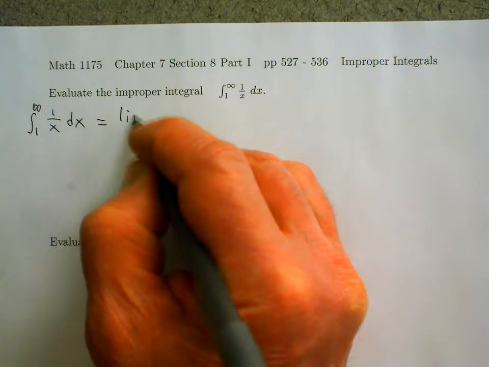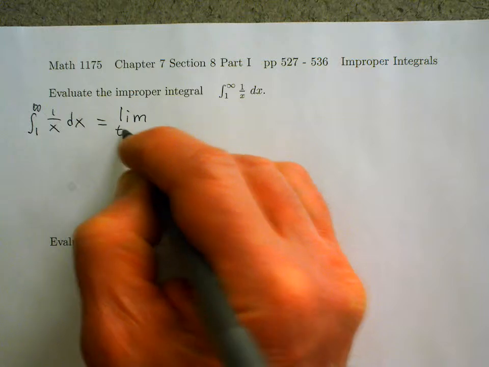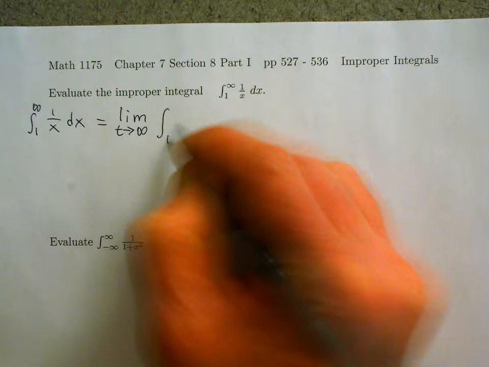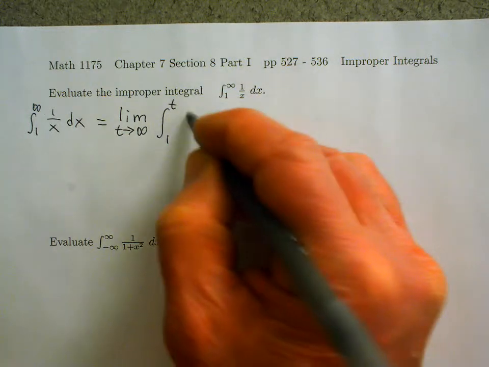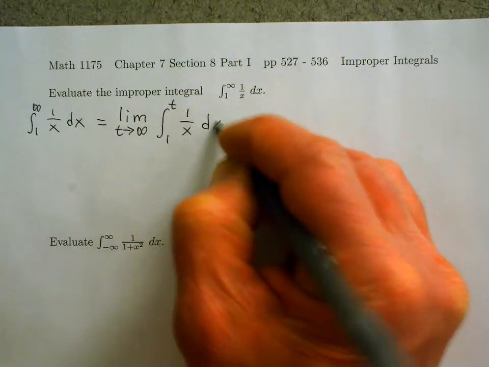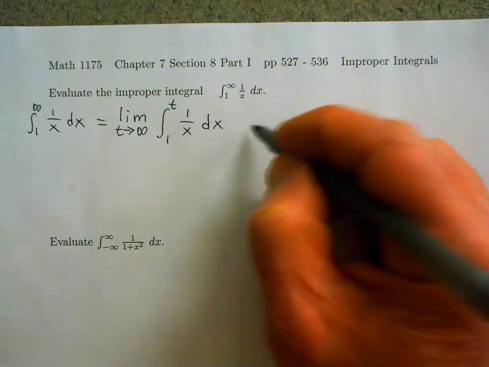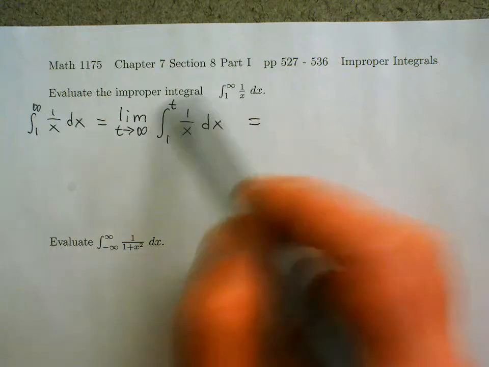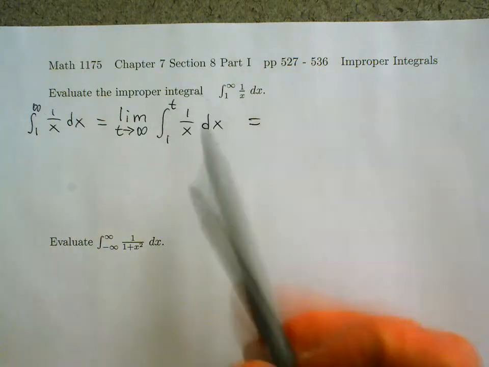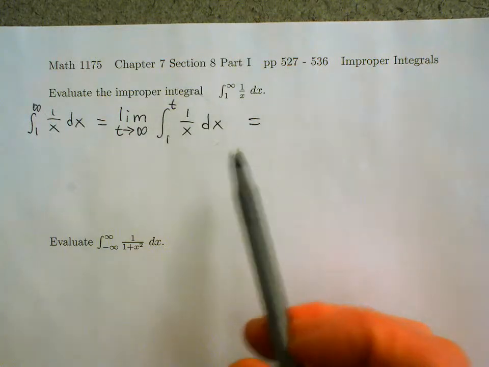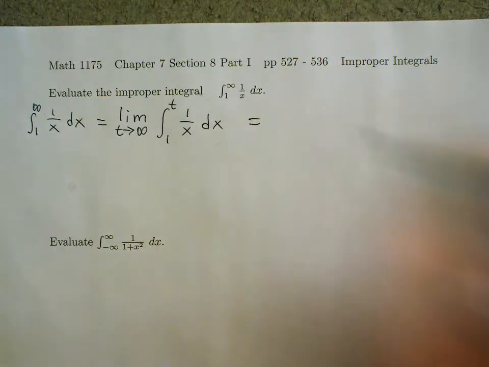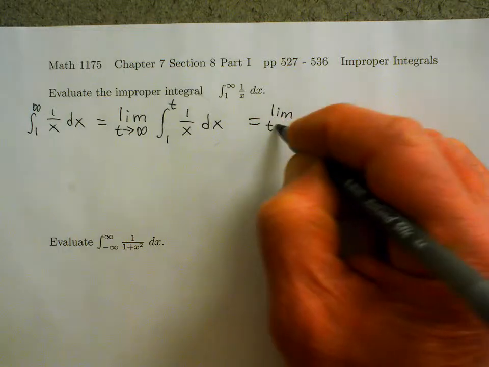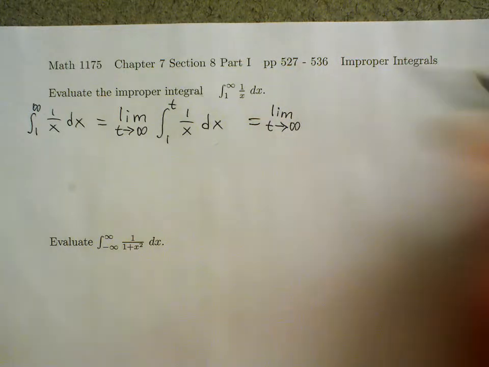We'll write that as the limit as t approaches infinity of the definite integral from 1 to t of 1 over x dx. Okay, then we're going to evaluate this definite integral. t represents a finite number greater than 1. And then afterwards, we'll compute the limit by letting t go to infinity.